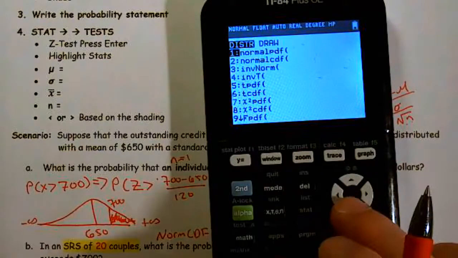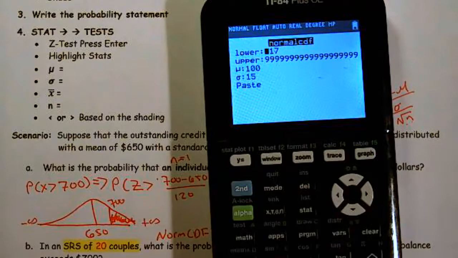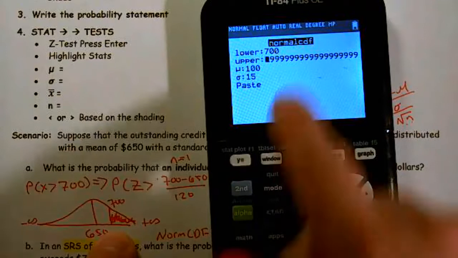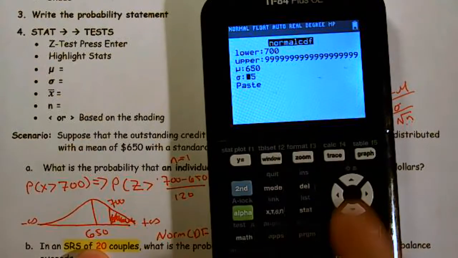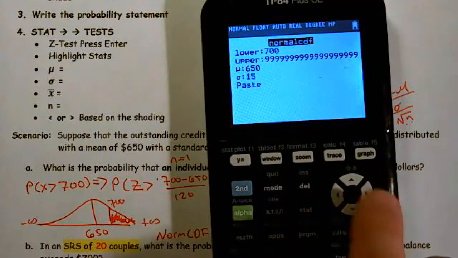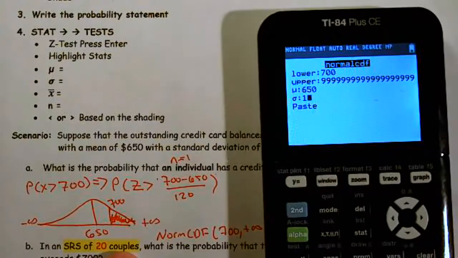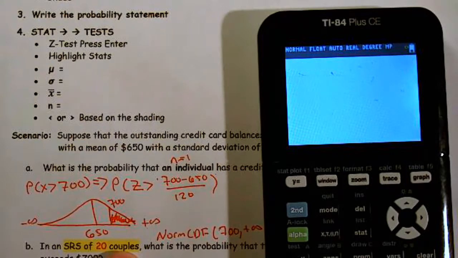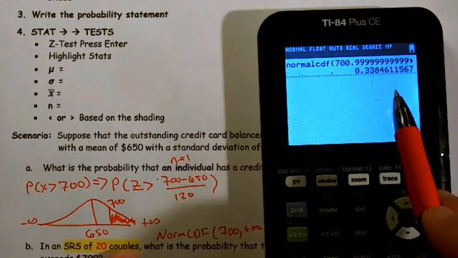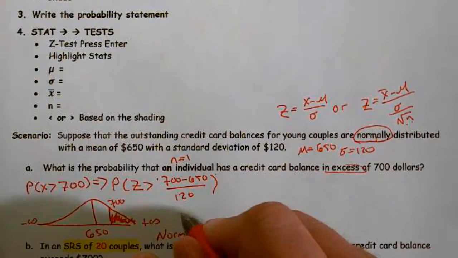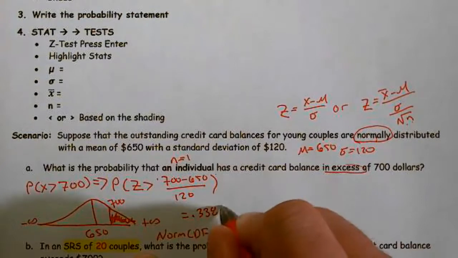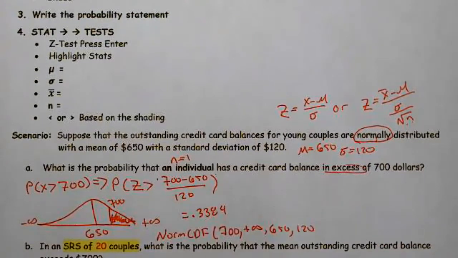Second vars, normal CDF, lower bound 700. Fill it up with nines, mean of 650, standard deviation of 120. And I end up getting 0.3384.